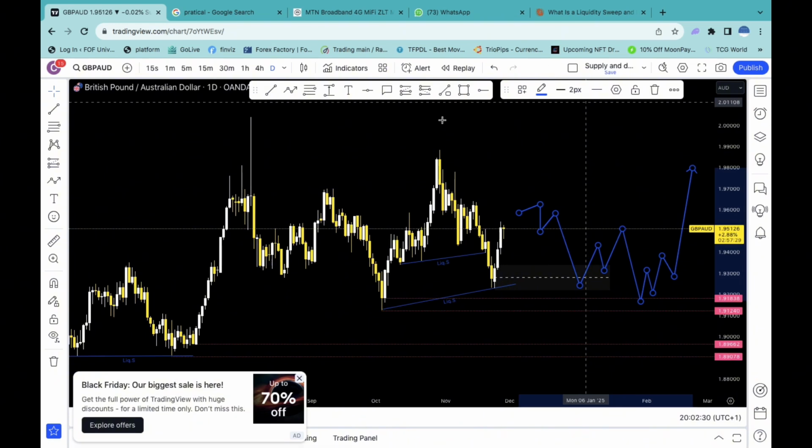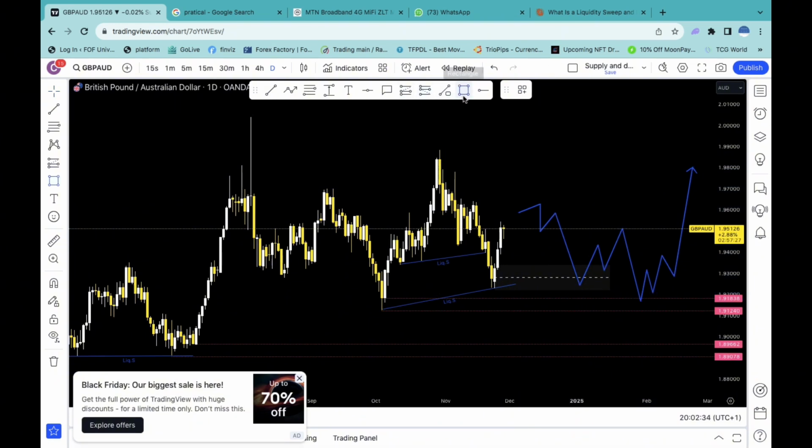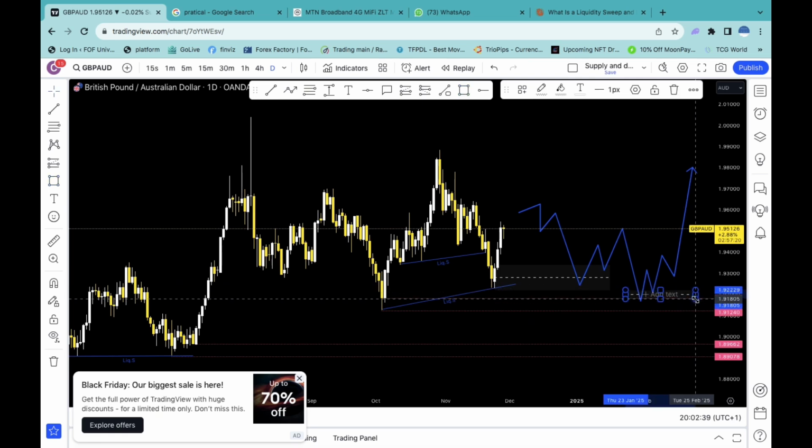Once I see a daily engulfing candle, I will definitely be looking for price. Once there's a daily engulfing candle, I've already taken the trade before the break of structure, before it shows you the second break of structure, which is this, right?